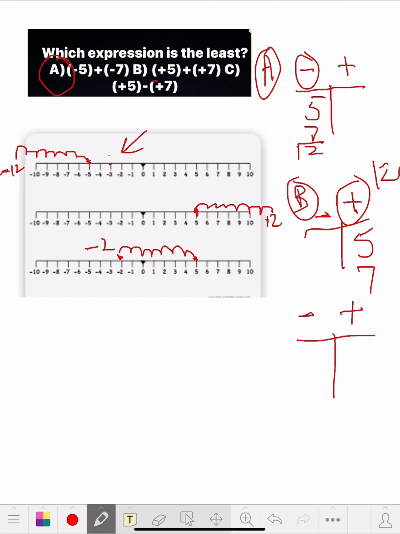So we're going to have a +5. And now, because it was a minus times a positive, it's going to be a -7. So 7, okay? What team won? It was -2. And that's the answers, okay?